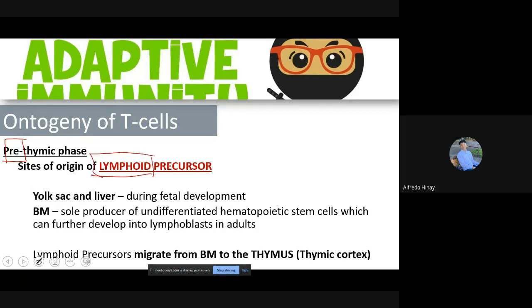When you were a baby, you had your yolk sac and your liver. Then, as you develop, we use our bone marrow as the sole producer of our lymphoid precursors.